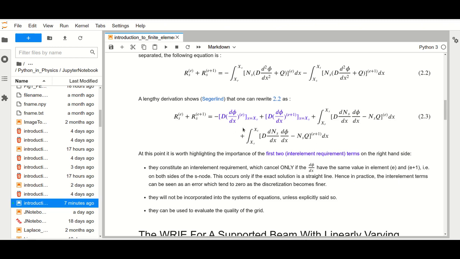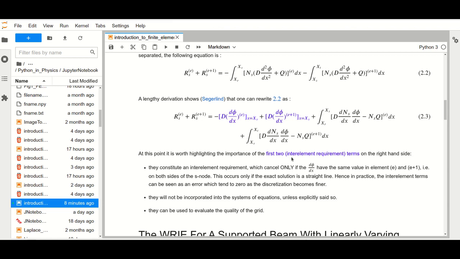We have two terms here which are in blue, and these two terms are the inter-element requirement terms, and they constitute an inter-element requirement which cancel only if the dphi/dx is the same value on both element e and e plus 1.